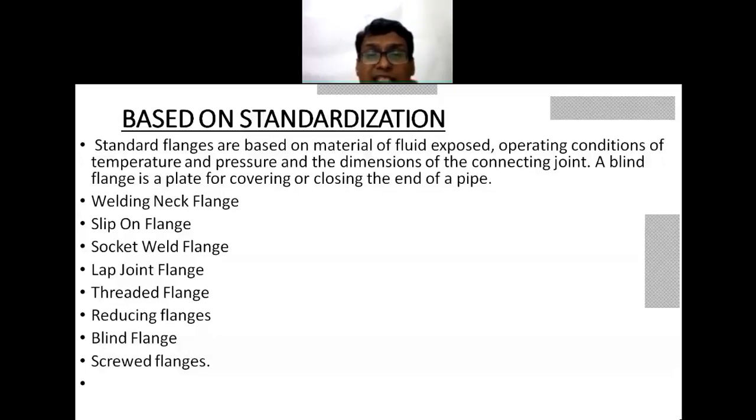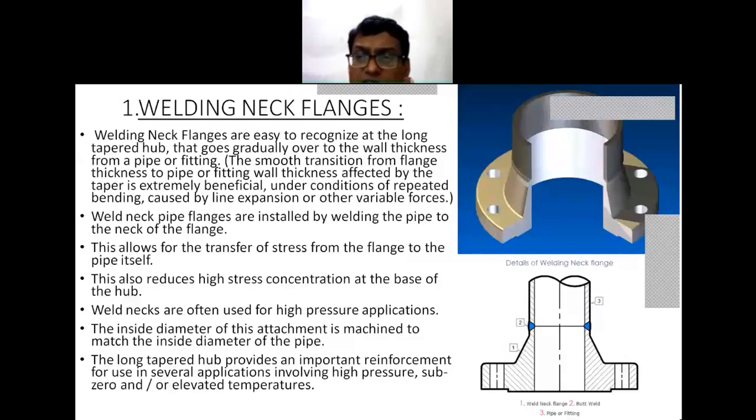Its thickness is also constant. So all these are the standard flanges, and they are classified as welded neck flanges, slip-on flange, socket weld flange, lap joint flange, threaded flange or screw flange, then reducing flange, and the blind flange. So these are the different types of flanges. One by one, we will go into the details of these flanges.